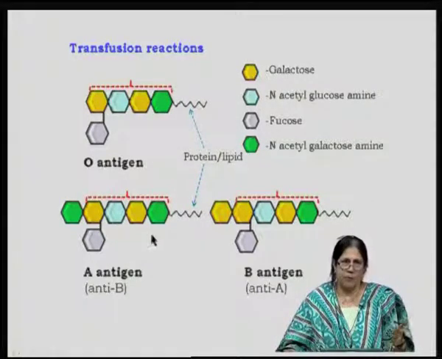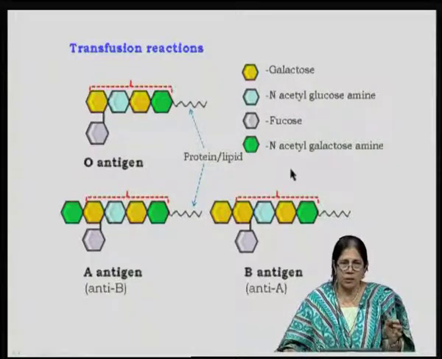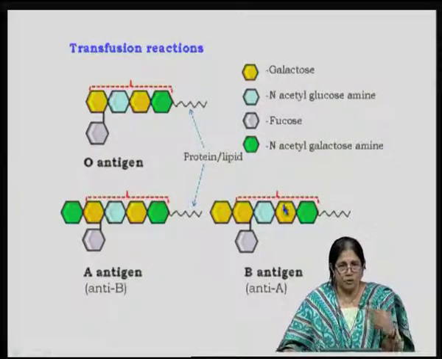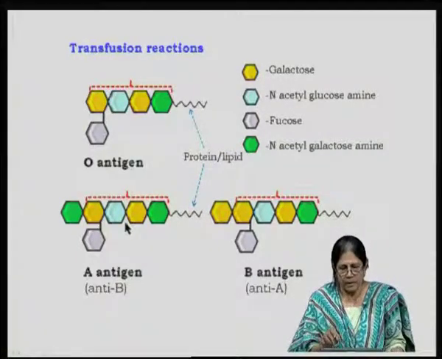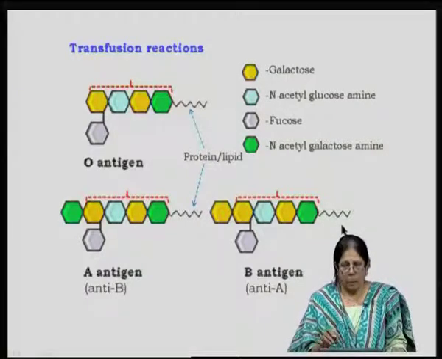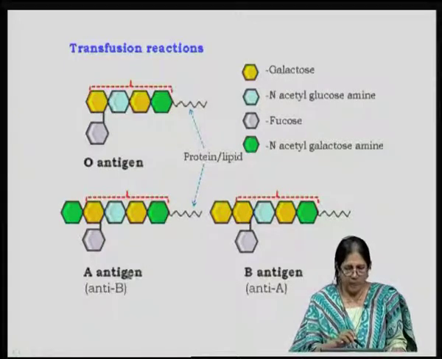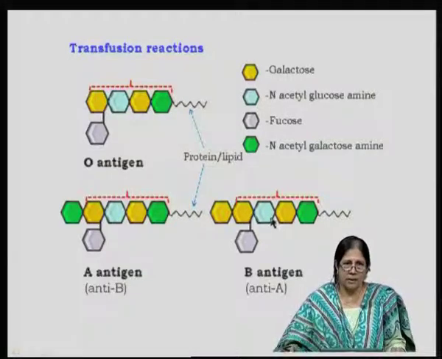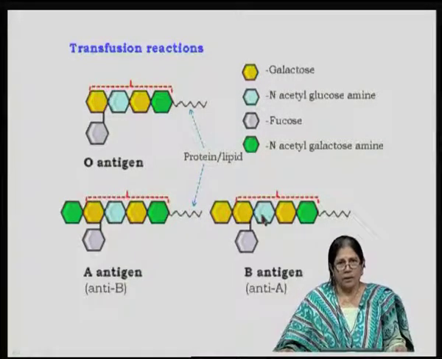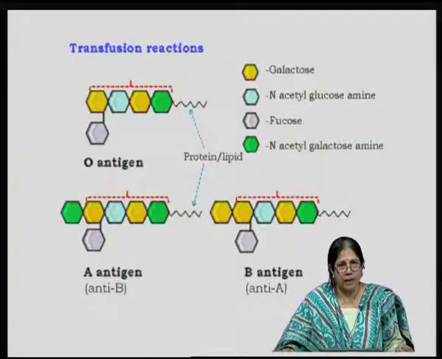Now, let us come back to transfusion reactions. What would happen? I told you that there are naturally occurring antibodies in A individuals to B antigens. So, suppose an individual with A group gets by mistake blood of B type, then the naturally occurring IgM antibodies to B would start agglutinating, and this would bring about antigen antibody interaction, small agglutinates.